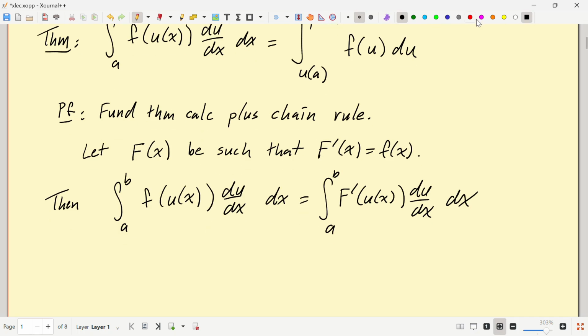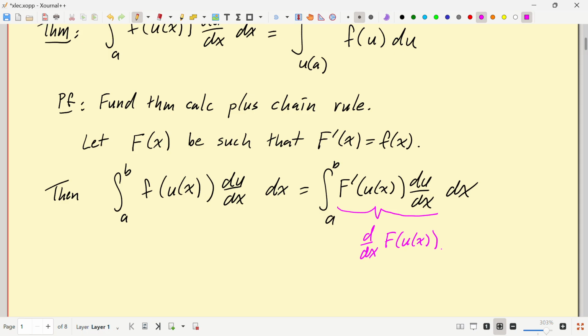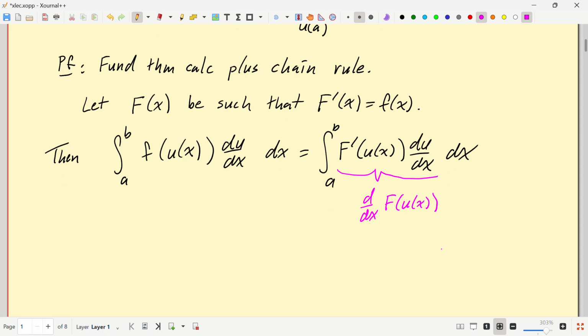So this thing inside the integral is the derivative of a composition. And now the fundamental theorem of calculus would say, aha, that's F of u of x evaluated between a and b.